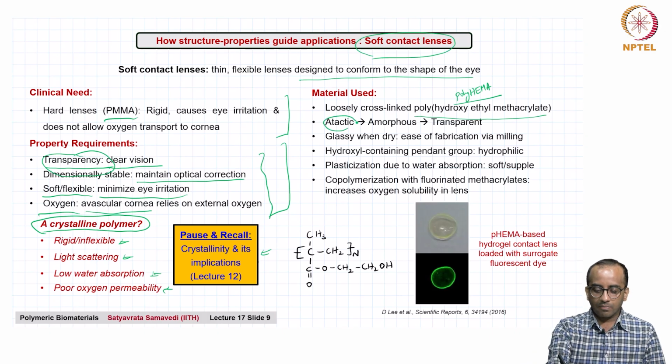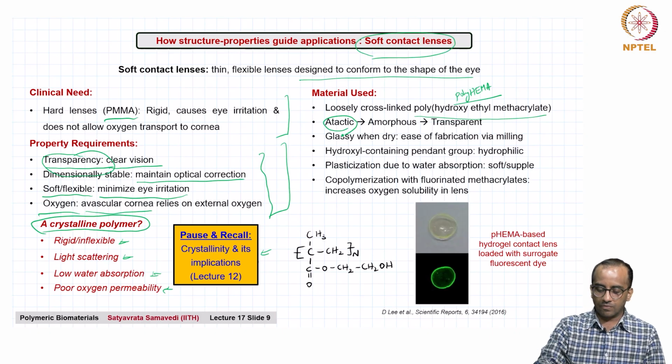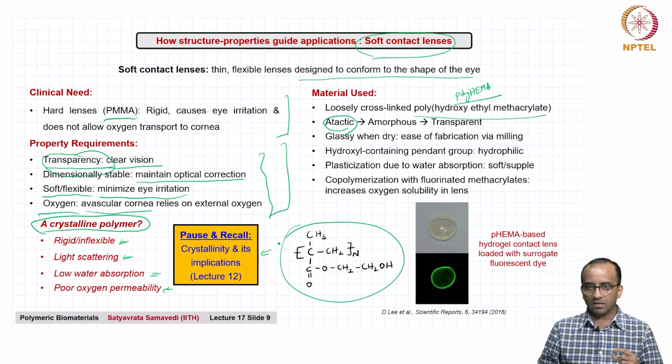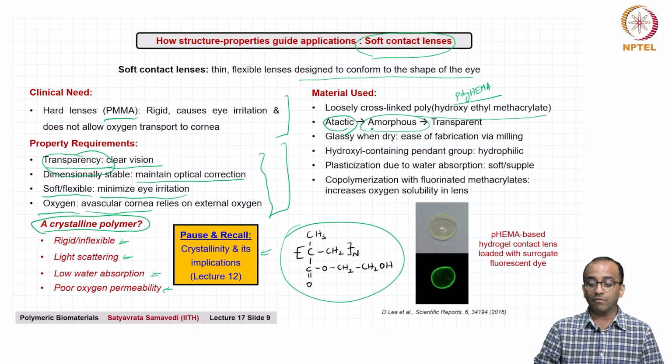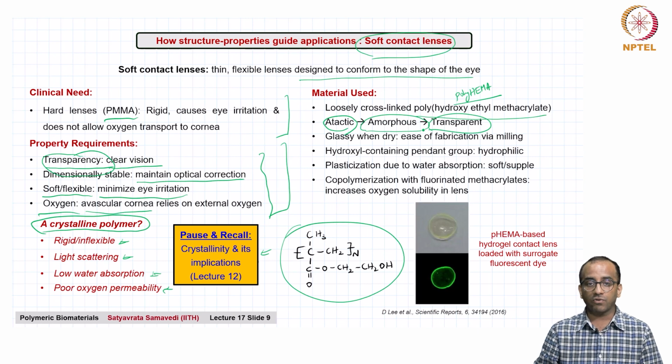Note that the polyHEMA that is used for this kind of an application is atactic. And this is the structure of the polyHEMA that is used. If you look at it from a tacticity perspective, the fact that it's atactic and the fact that it has these large side groups, pendant groups, makes it very difficult to crystallize, which means it's largely going to be amorphous, which now helps you with the transparency criterion.